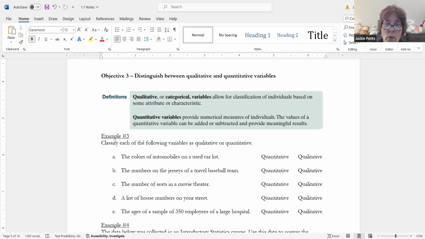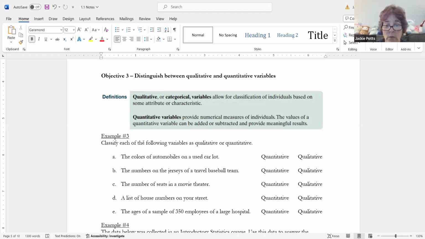The values of quantitative can be added or subtracted. And here's where statistics bother some students, because guess what? Context matters. My prime example on this is age.